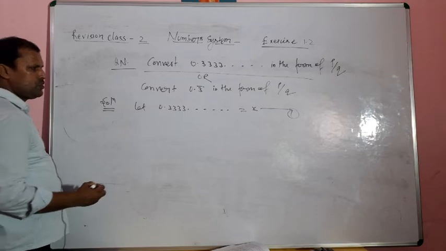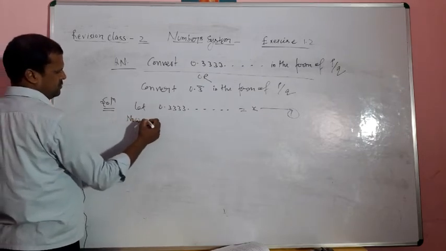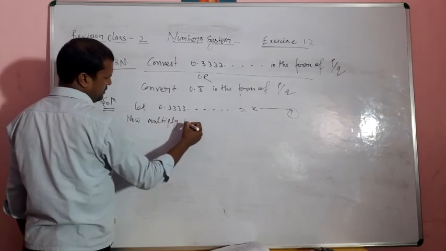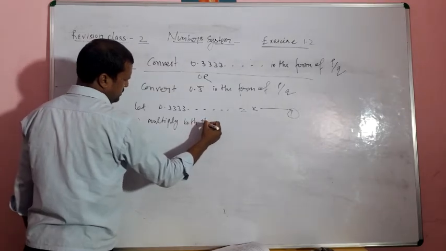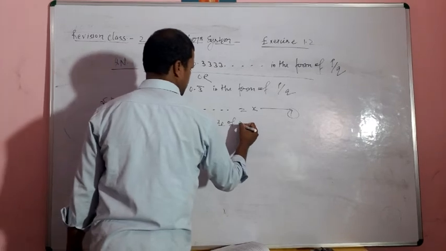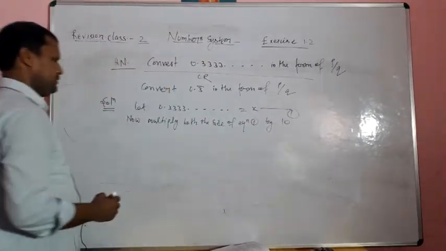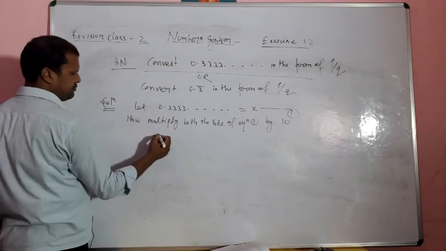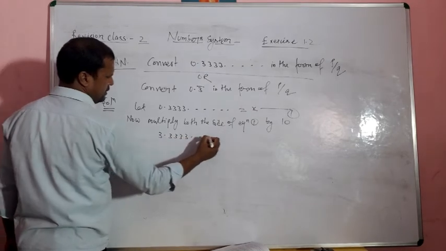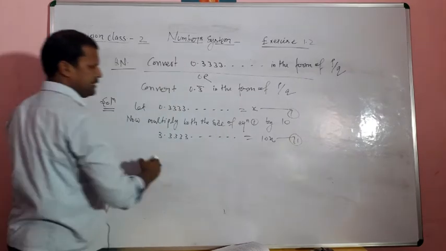Now multiply both sides of equation 1 by 10. So this gives 3.333... equal to 10x, equation 2.